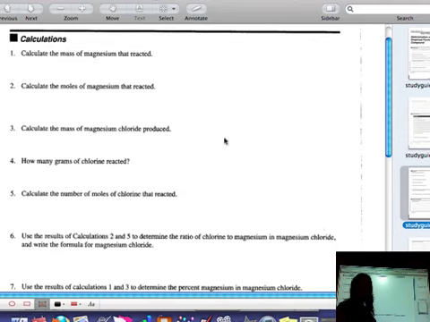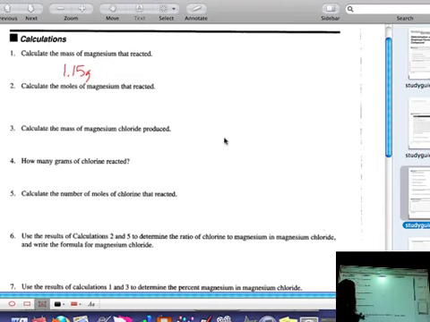So for this calculations part, I'm going to skip down to question number 5. Actually, I'll do question number 2. I lied. I'll do question number 2. I'm going to skip around. So for question number 2, you have a certain mass of magnesium that reacted, and my mass happens to be 1.15. Do be sure that you guys are showing all your work on this stuff so that I know you're not just copying it from somebody, and so I know that you understand what you're doing, at least somewhat.